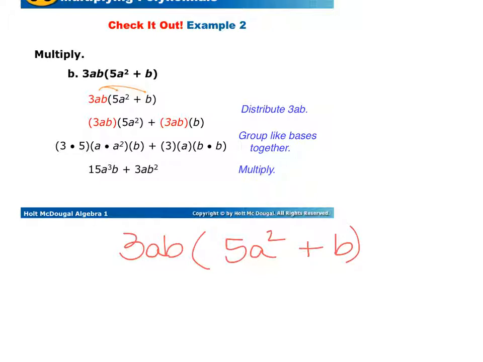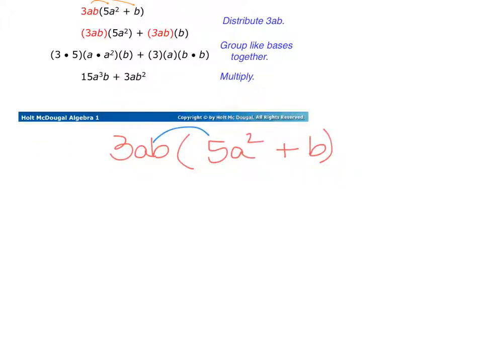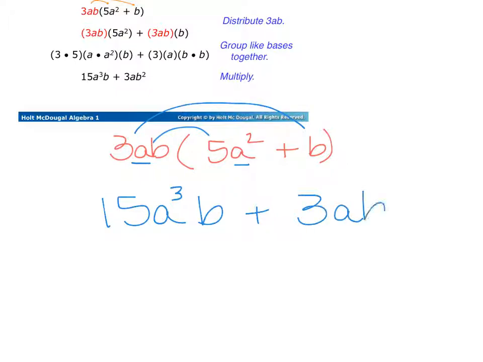So I'm going to distribute 3ab to the 5a squared, and I get 15a to the third b, because I add the a exponents, and then I'm going to distribute it also to the b, which gives me 3ab squared.